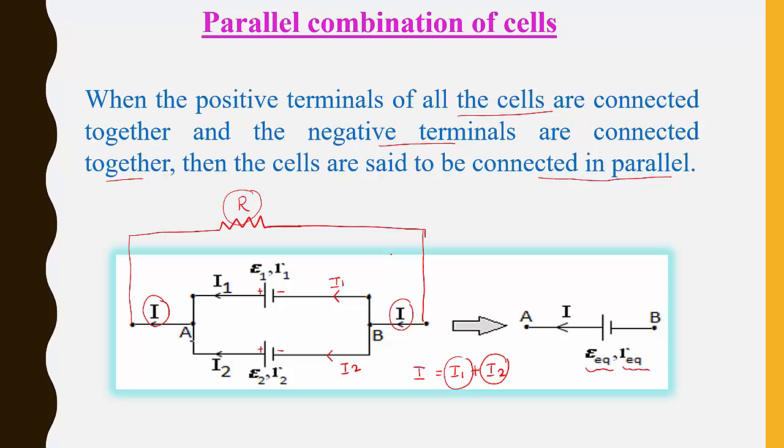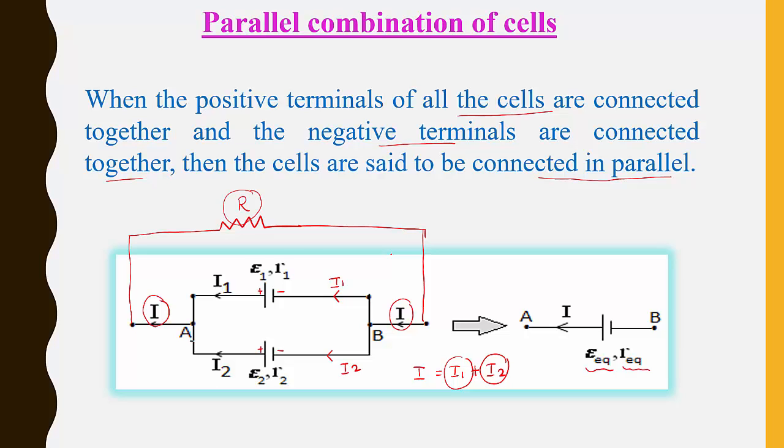EMF means potential difference or voltage. So when the cells are connected in parallel, potential difference does not change. That means the EMF value does not change. It remains constant. But the electric current increases. We can get more current when cells are in parallel.